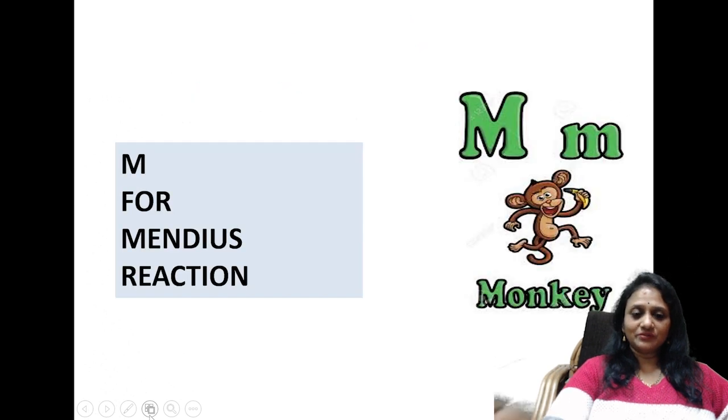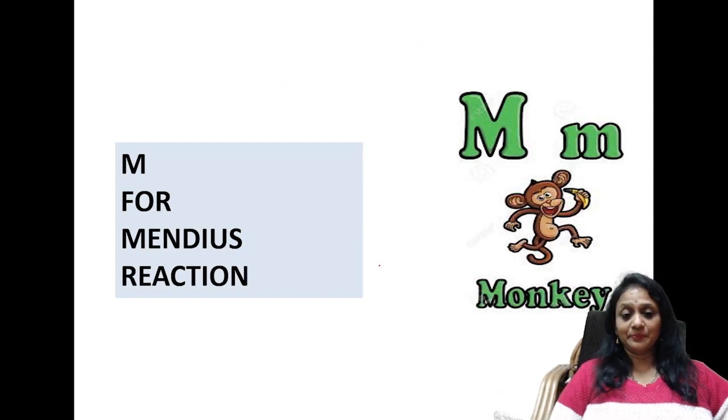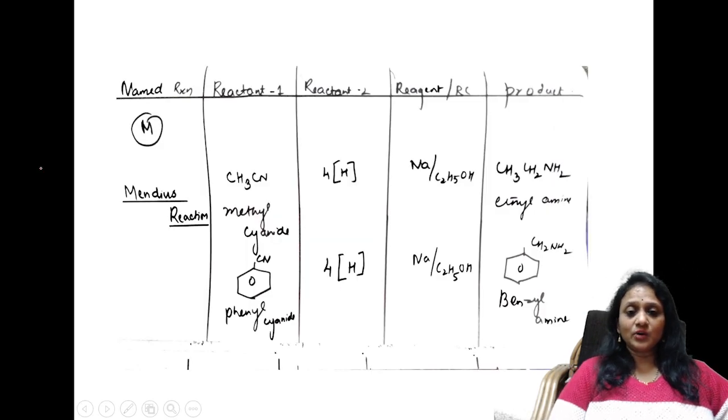The alphabet we are going to learn is M. M stands for monkey, as we learned in LKG, and in grade 12, M stands for an important reaction, that is Mendius reaction. Here I have taken a page divided into columns 1, 2, 3, 4 and 5. Column one is the name reaction.